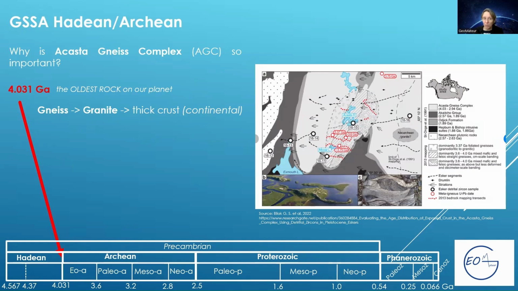And also because it's a metamorphic granite that gives us information about a continental crust that existed at that time. The granite age is estimated around 4.31 billion years.